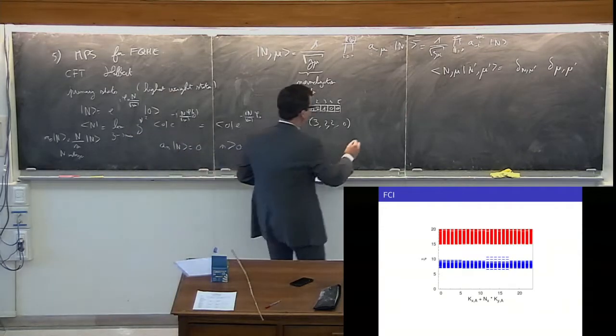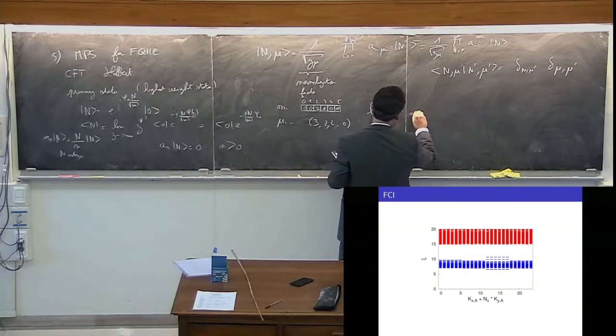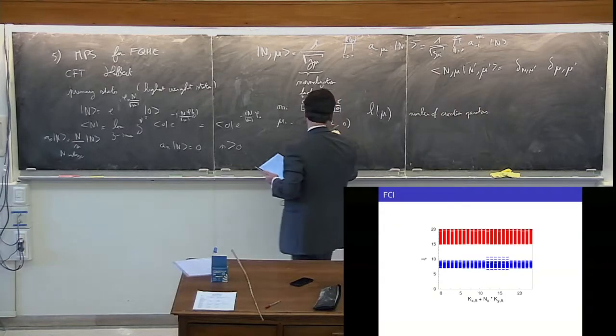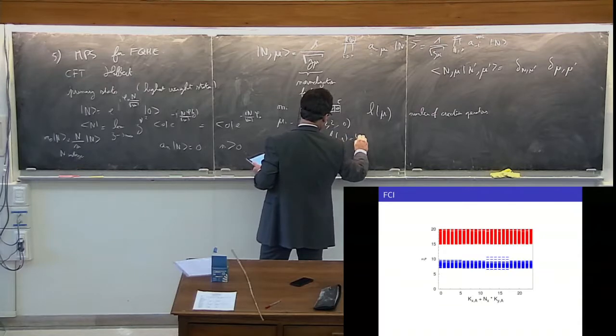And L mu is just a number of creation operators. Here, L mu will be equal to 4.